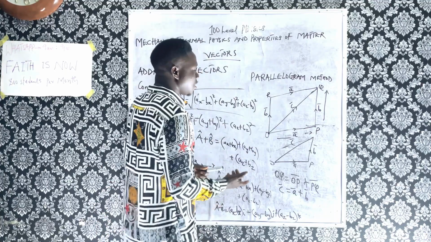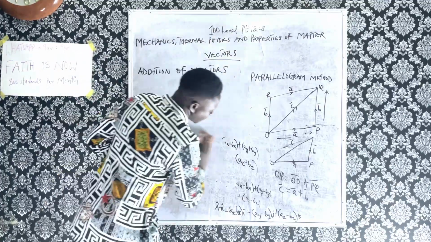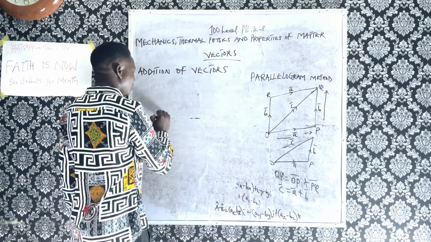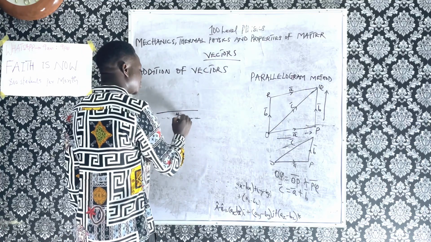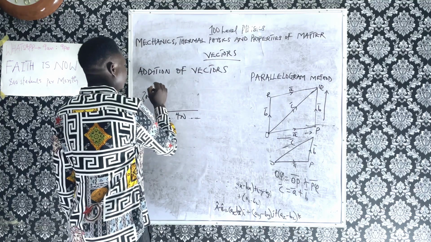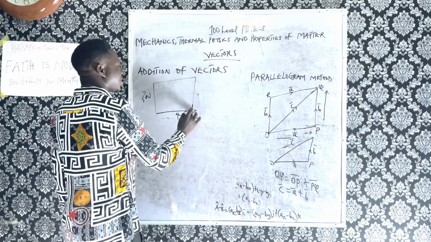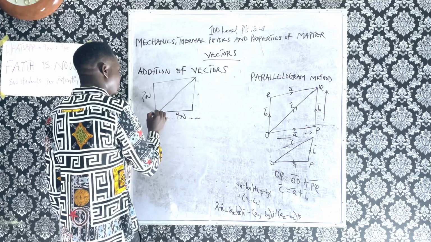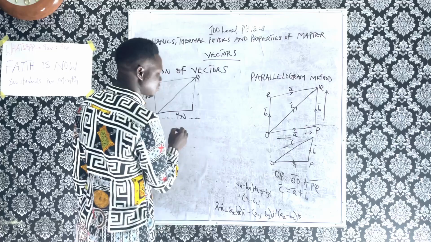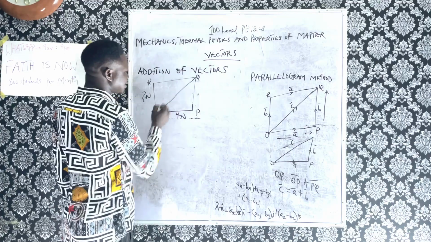So if we have two forces, let's say this is 4 Newton and this is 3 Newton, then all we need to do is complete the parallelogram, and this point would be our resultant force.